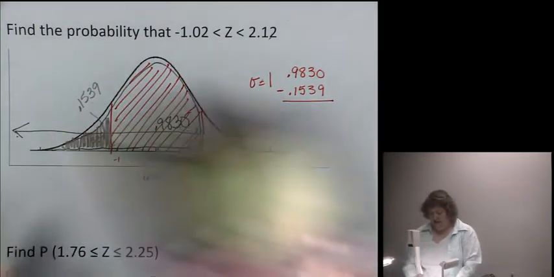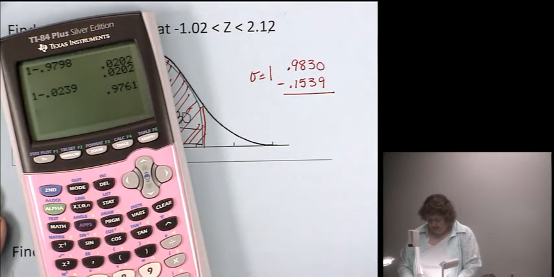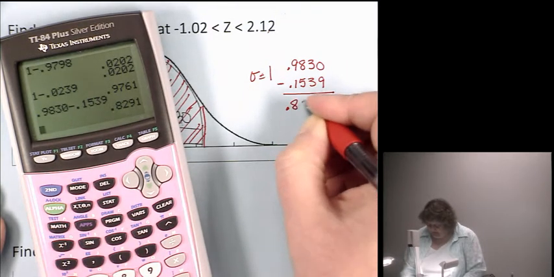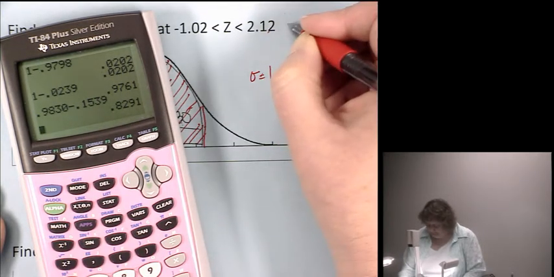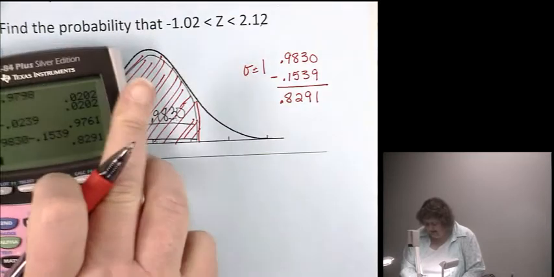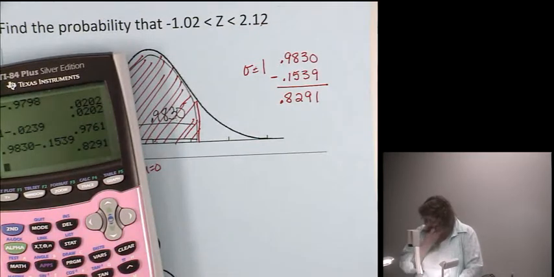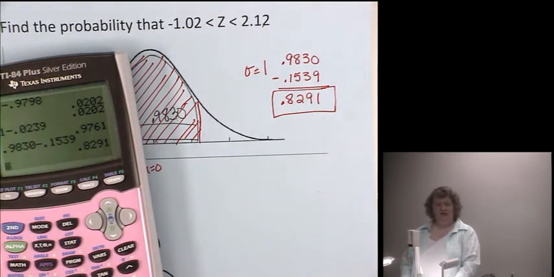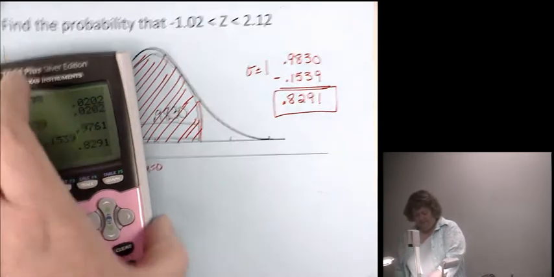So again, taking the calculator, 0.9830 minus 0.1539, and I get 8291. So the probability that Z lies between those two values is 8291.